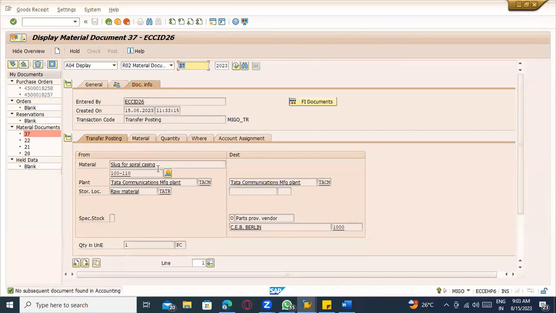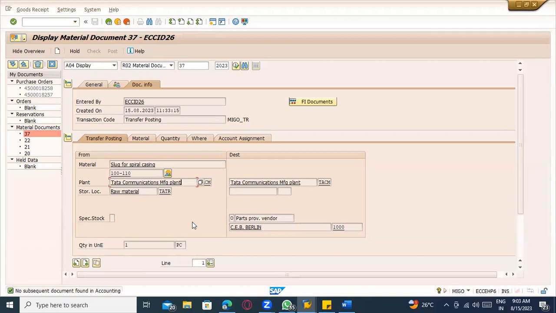Even though I issued stock to the subcontractor and it is going out, the ownership is still with my company, because if out of 10 quantity they use only 9, I will get 1 quantity returned, and that is my stock value.